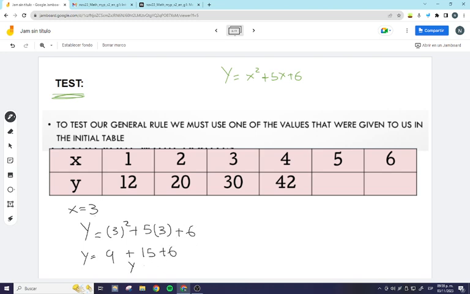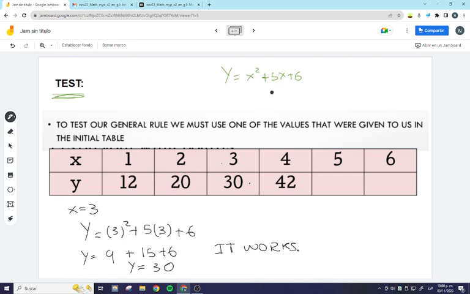So y is going to be 30. So for position 3 we got 30, so the general rule works. Always state that it works, or that it was tested successfully, or that you got the same result as in the table. Always state it. Don't just put this. This is important, but this is also important.